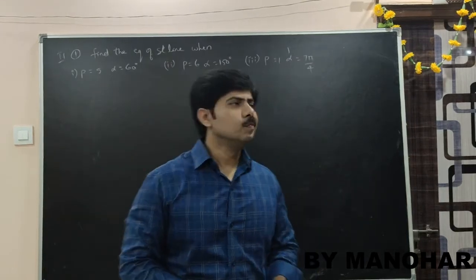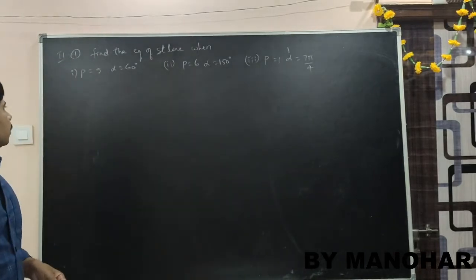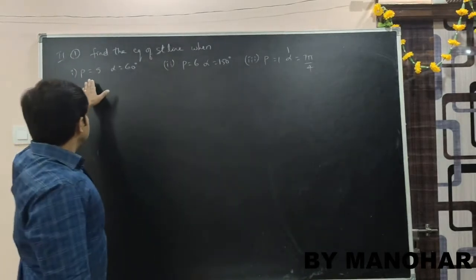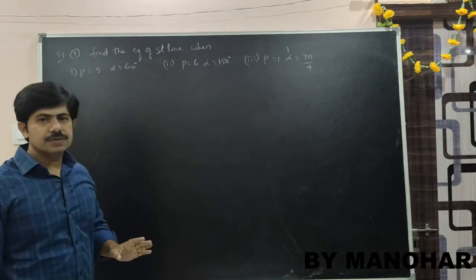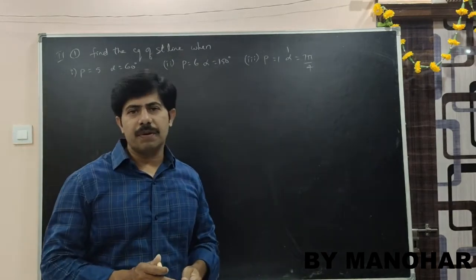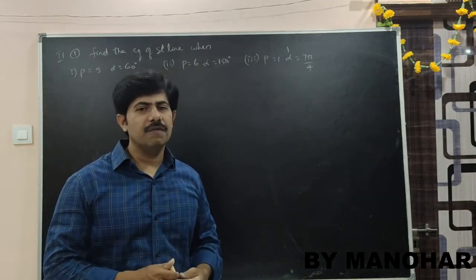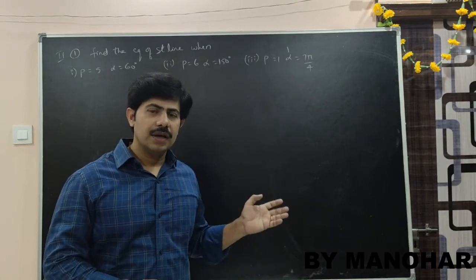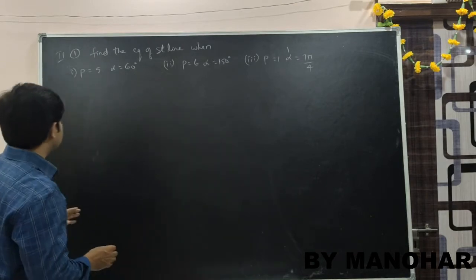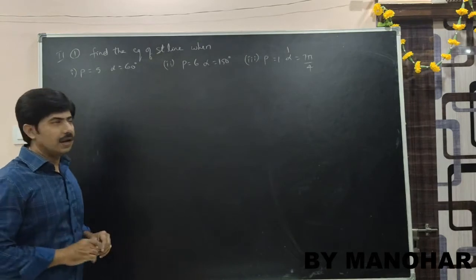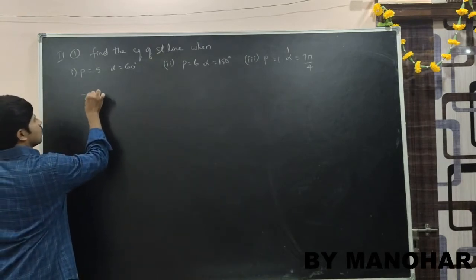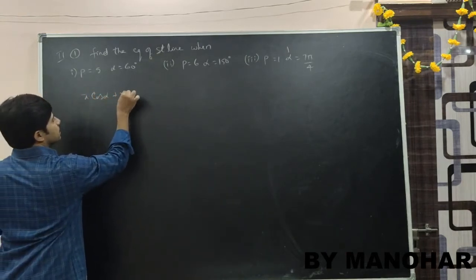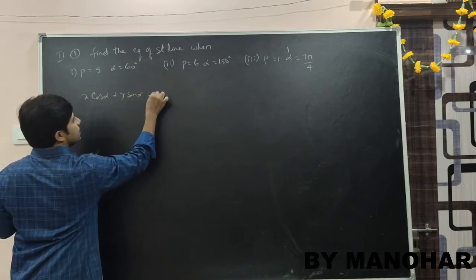So next problem: find the equation of straight line when p is equal to 5, alpha is equal to 60. Here p means the length of perpendicular, and alpha is the angle made by the line with x-axis. So the line using p and alpha is x cos alpha plus y sin alpha is equal to p.